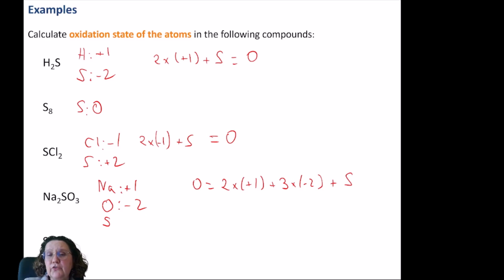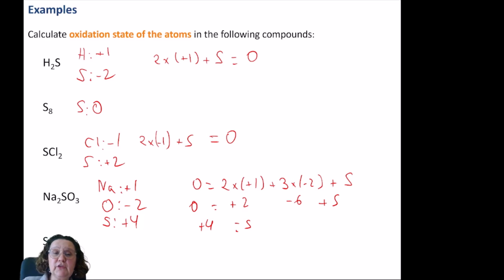So if I do some quick maths, this is -6, this is +2. Let's finish off the equation, and I rearrange for sulfur. I end up with sulfur has an oxidation state of +4. So in that compound, sulfur has an oxidation state of +4.